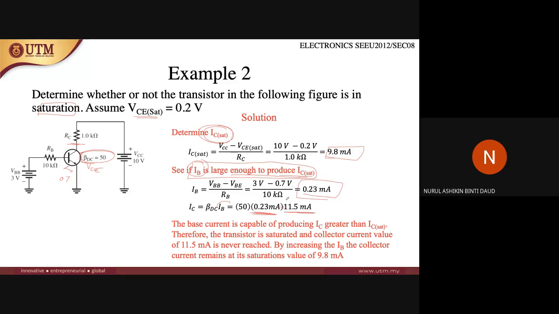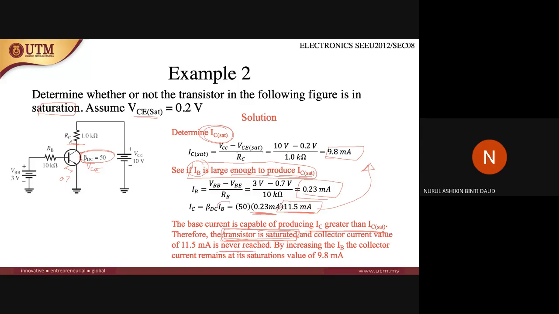So you can see that this value is larger than the IC at saturation, which is 9.8 milliamps. Since the calculated IC is greater than IC saturation, the transistor is now in saturated mode, and the collector current value of 11.5 milliamps will never be reached.